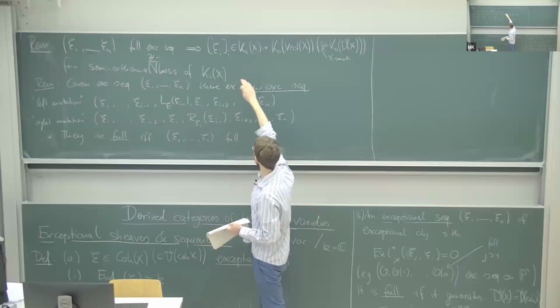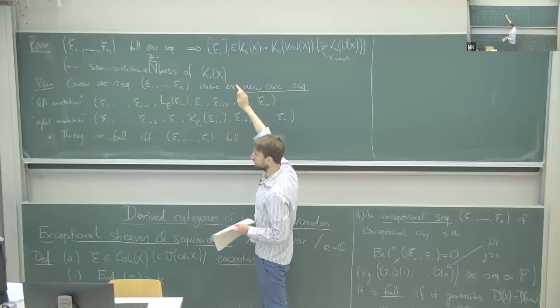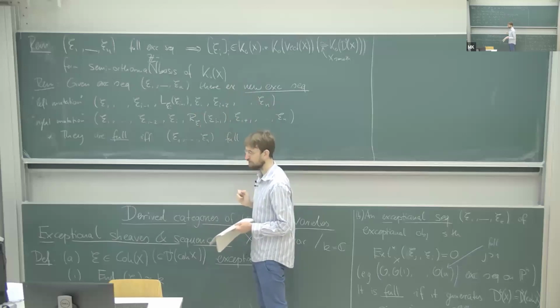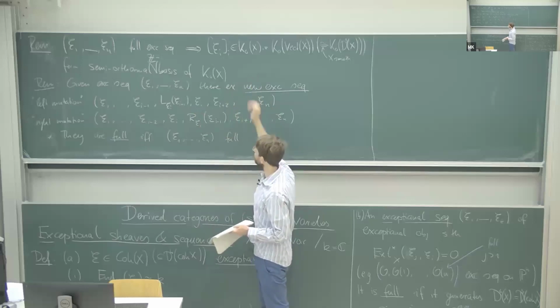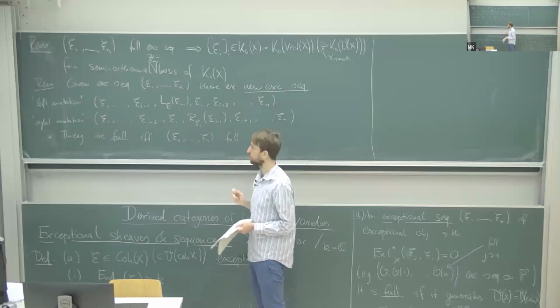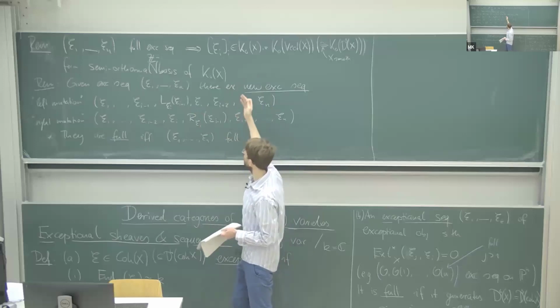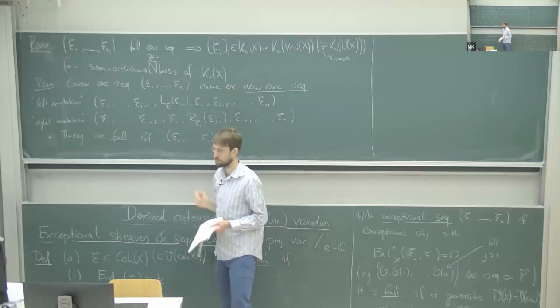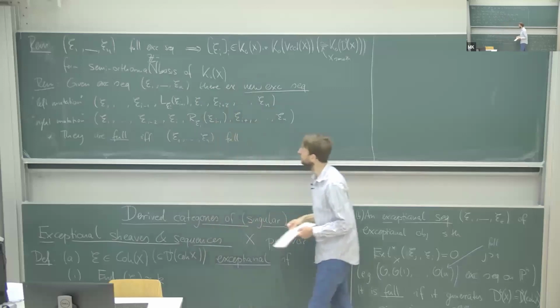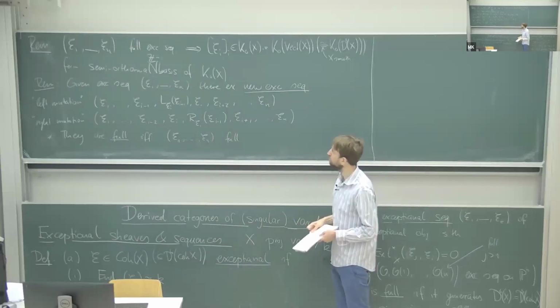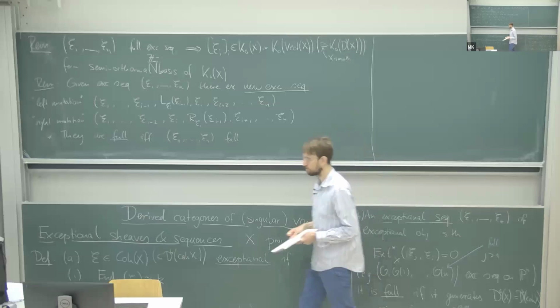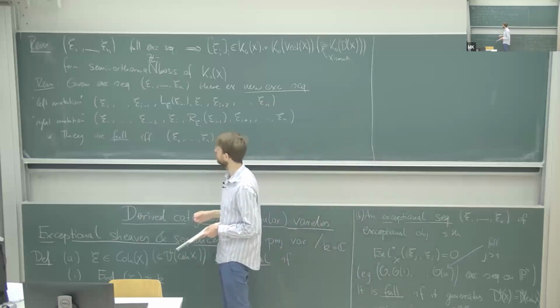And assume that we know that the classes of the elements in the sequence form a Z basis of the Grothendieck group. Then one might wonder whether the sequence is already full. Unfortunately, this turns out to be quite wrong. This is related to the notion of so-called phantom categories.